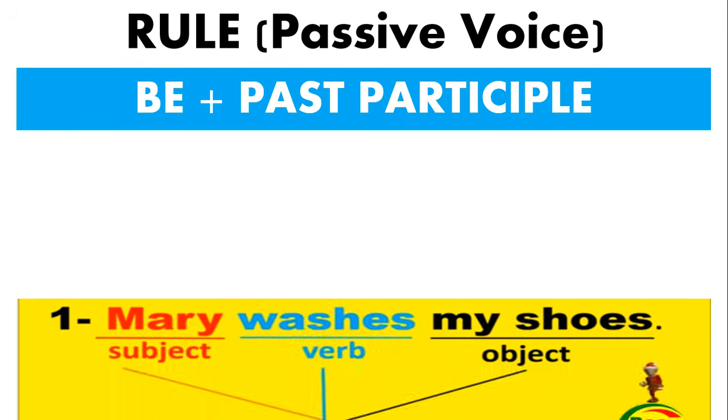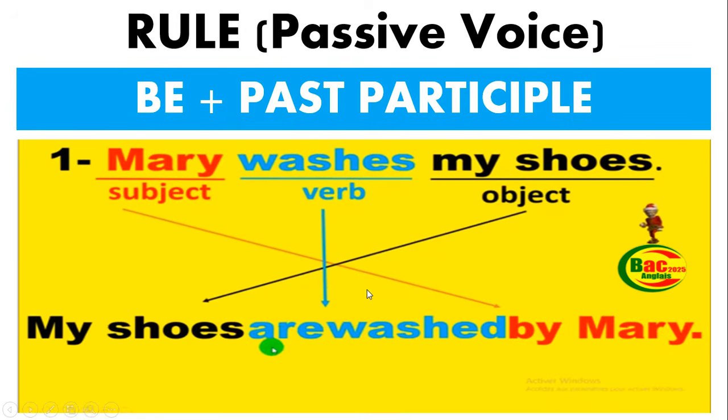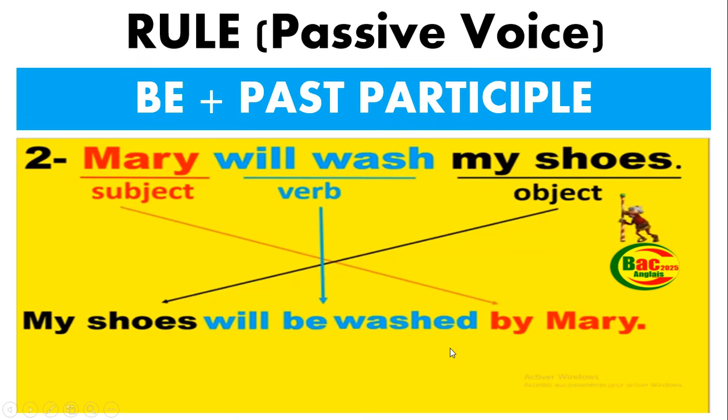So here you have Mary washes my shoes, and the passive is my shoes are washed by Mary. The subject becomes object, and the object becomes subject. And to be is put in the present, and wash is now in the past participle. This is a rule.